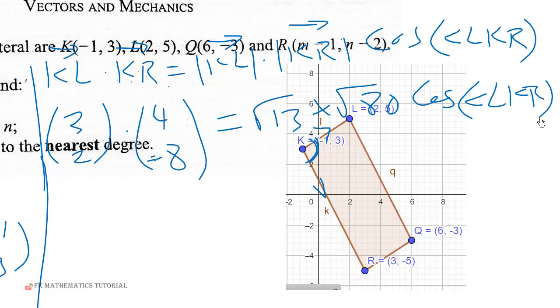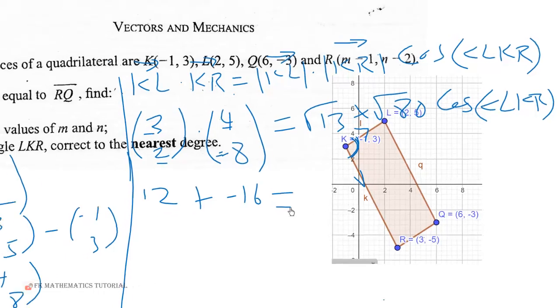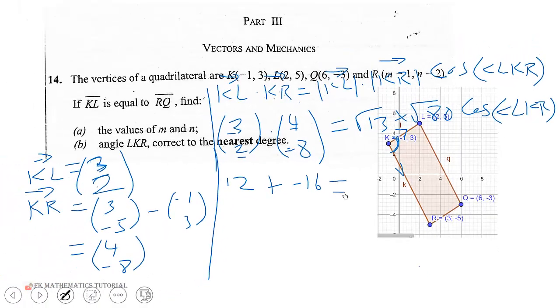So when we dot this vector, 3 times 4 is 12. And we add it to 2 times -8, that is -16. It will be equal to, so root 13 times root 80 will give us square root of 1040, cosine of the angle LKR.